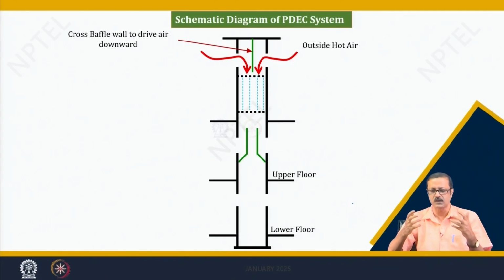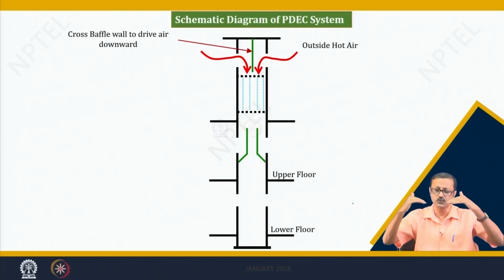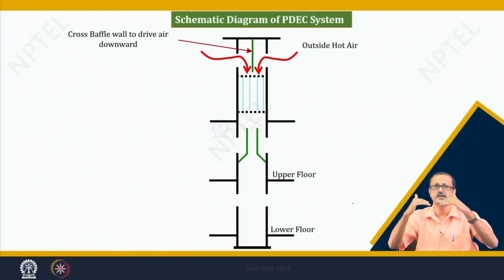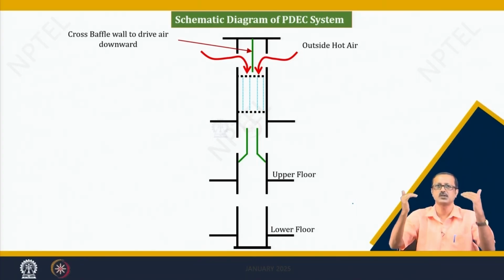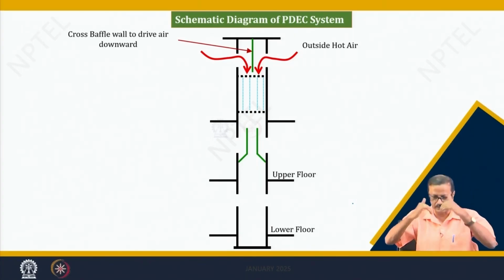Please remember that hot air is lighter, so it always wants to go upward. So, the baffle valve has to be designed in such a way, and there will be some kind of downdraft fan, not pump, that will take the hot air into the shaft.